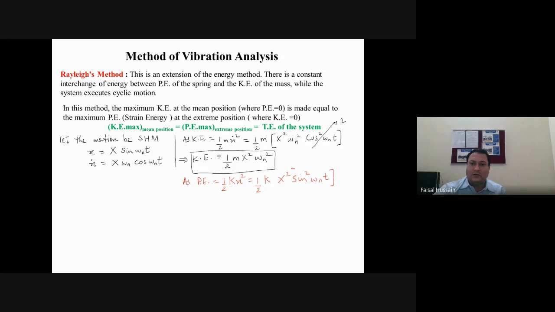Here also, this value is 1. So my potential energy will be 1 by 2 k X square.